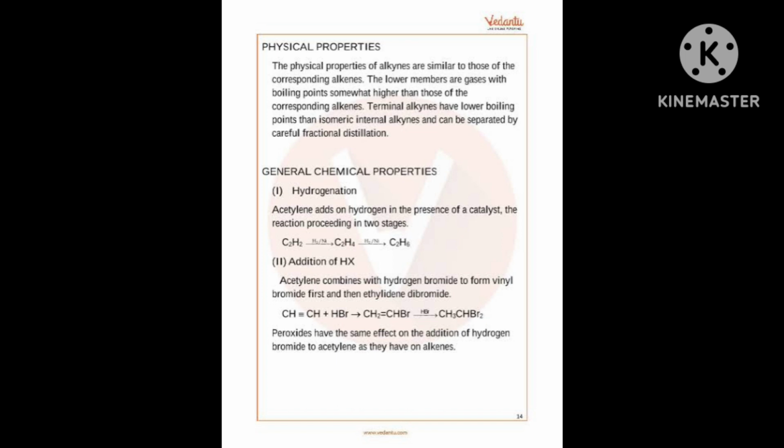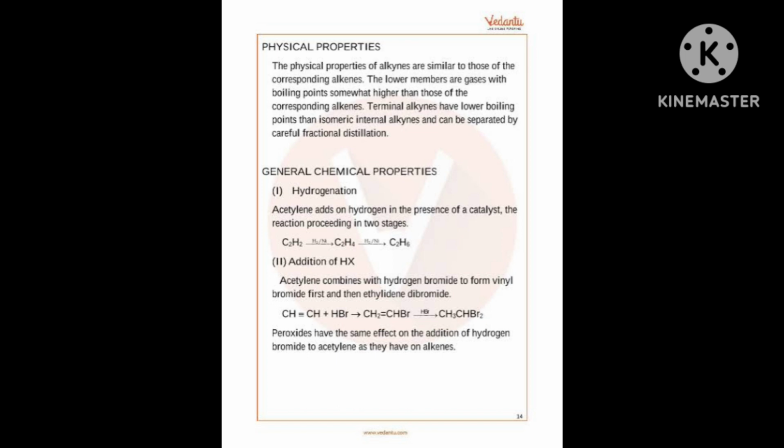That reddish orange color will go. It means the bromine which was present in carbon tetrachloride is now used up by this alkyne, meaning it is unsaturated. Hence this is the test of unsaturation. This question is also asked.